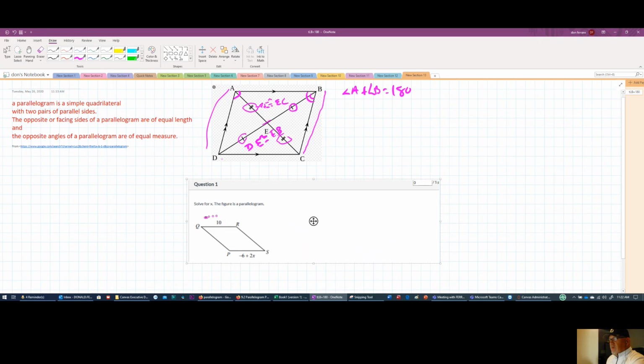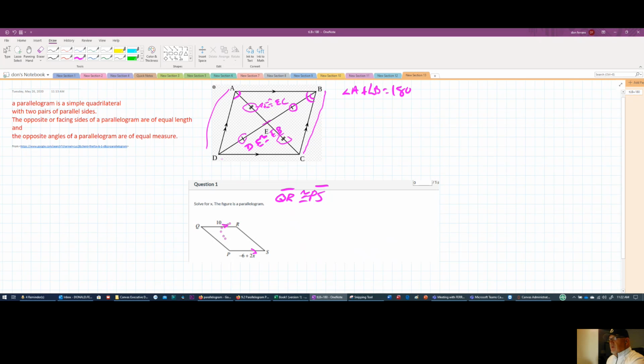Okay, so we know that QR is parallel to PS, and we know that the opposite facing sides of the parallelogram are equal length, so we can automatically assume that QR is congruent or equal to PS.